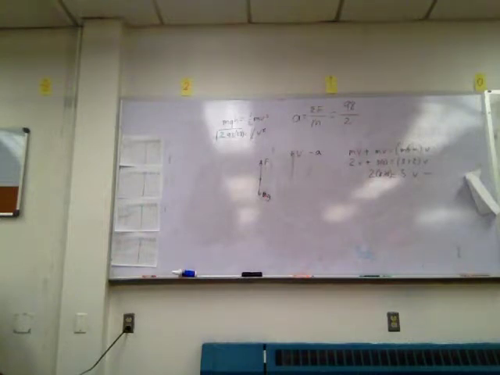I want this number to be positive. So this one should be bigger. Yeah. So your final velocity needs to be bigger than your initial. So you're actually gaining momentum, not decreasing, because the impulse is positive.